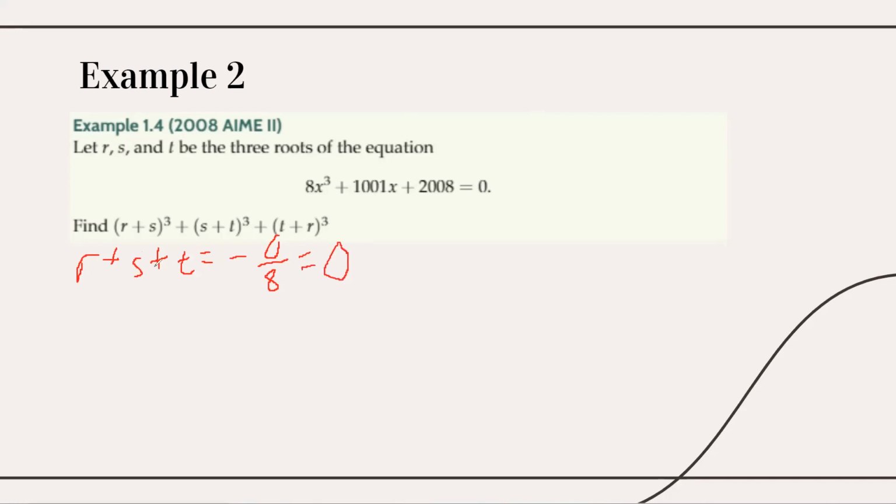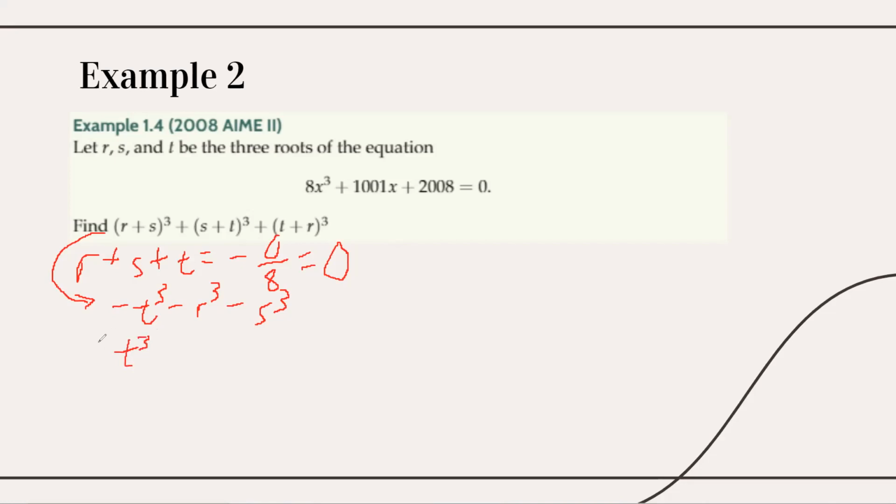And in particular, if we substitute in, for example, this gives us r plus s is going to be equal to negative t. So the expression that they want, that's just negative t cubed minus r cubed minus s cubed, right? Since r plus s is negative t, s plus t is negative r, and t plus r is negative s. Okay, but we can also notice that by definition, for example, let's consider t cubed.